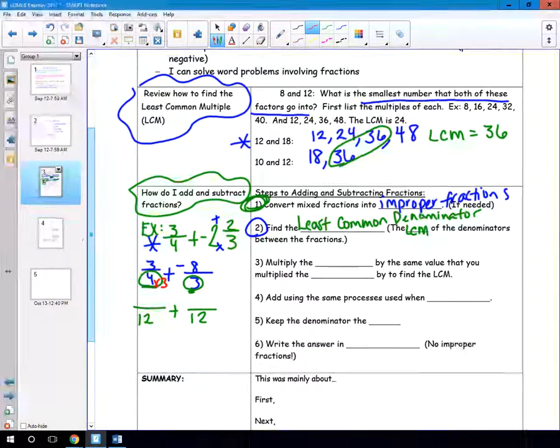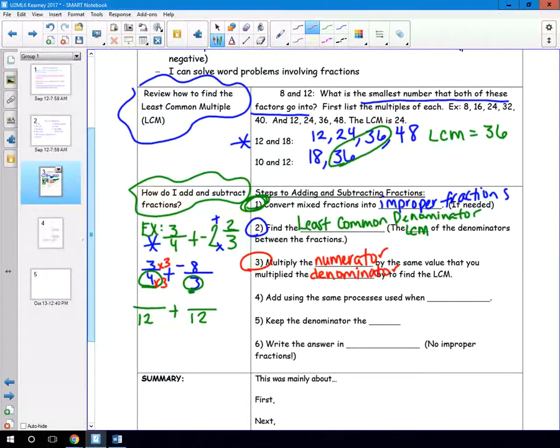So now our step 3 over here is that we're going to multiply the numerator by the same value that you multiply the denominator. So what did we multiply our denominator by there? We multiplied it by 3. So we're going to come here and multiply our numerator by 3.